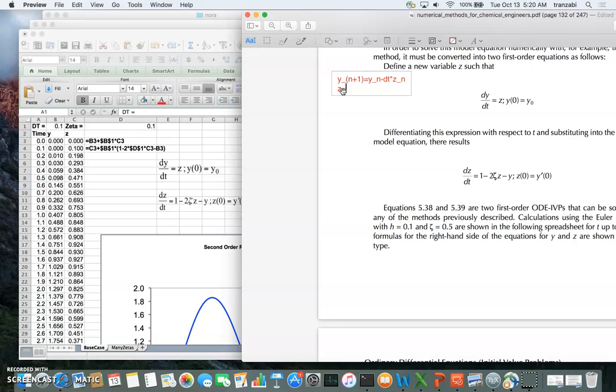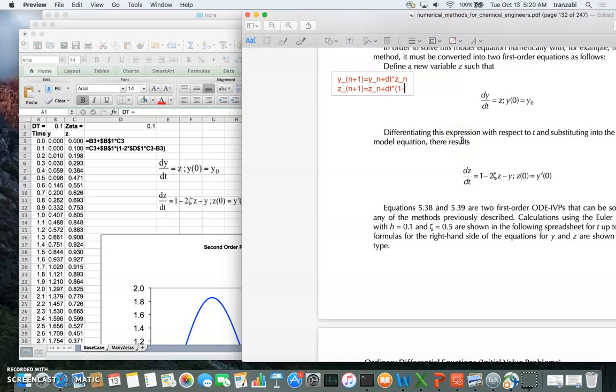It's going to be z at n plus 1, that's equal to z at n, okay, and then plus, I'm sorry, this should be plus dt times whatever is in here at time n.